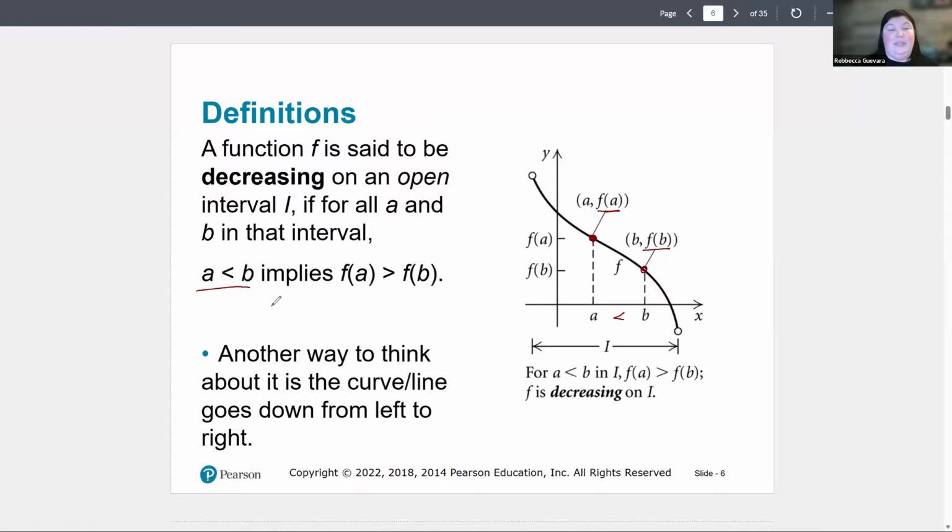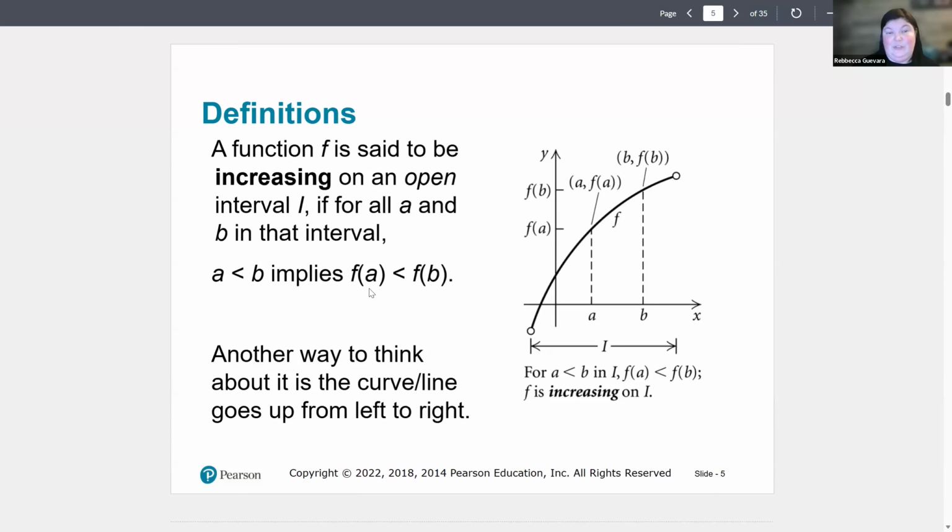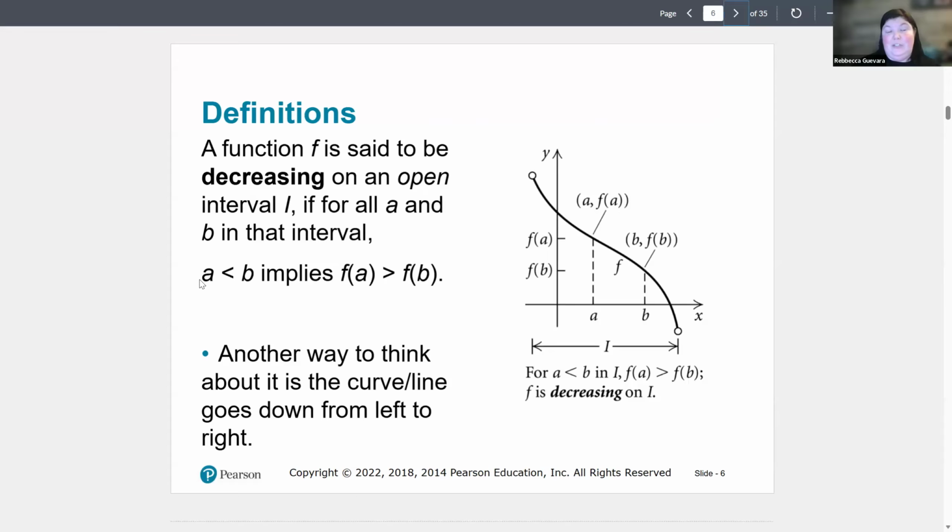If your function is decreasing on an open interval, A is less than B implies that f of A is greater than f of B. So just to say again, for increasing, A is less than B and f of A is less than f of B. These f values are your function values. For decreasing, if A is less than B, then f of A should be greater than f of B. Your function values are going down as x values increase.